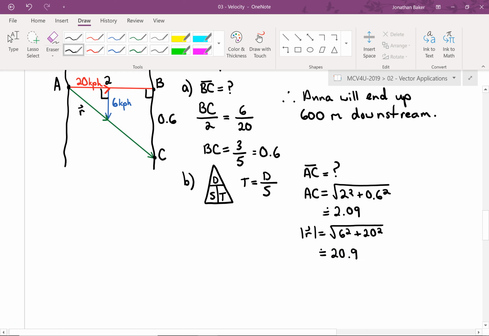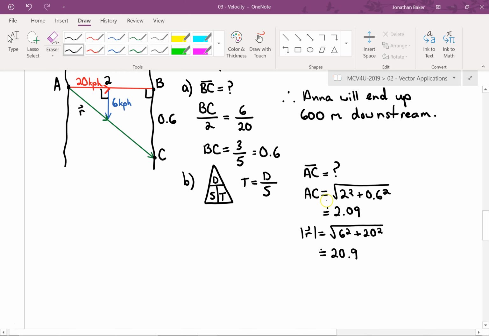Because we have similar triangles, we could also have used more ratios, just like we did up here. Or we could have used tan to calculate the angle, and then SOHCAHTOA to find the length of r.